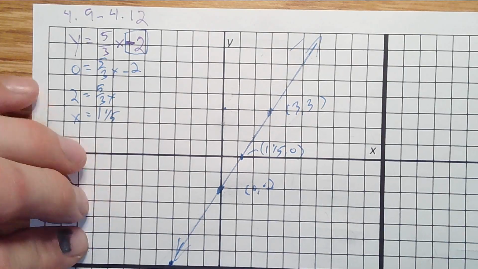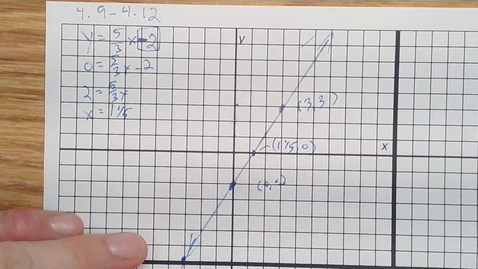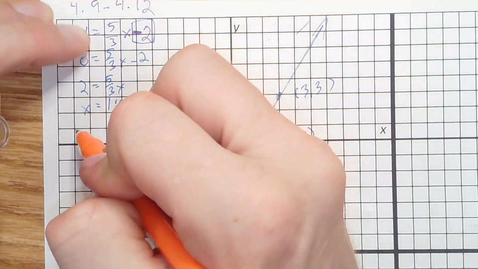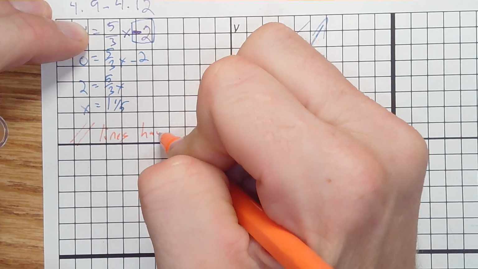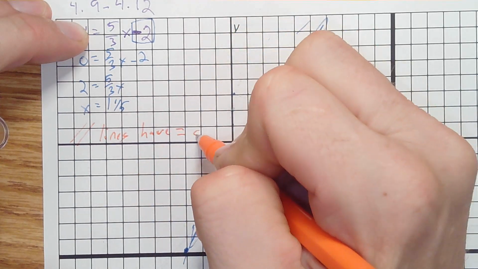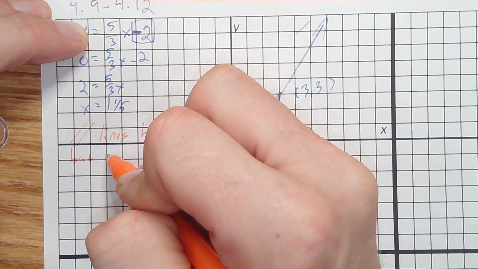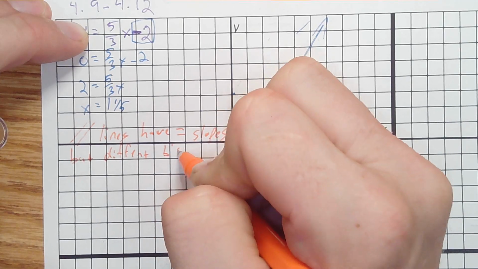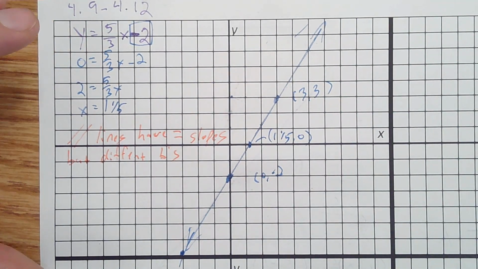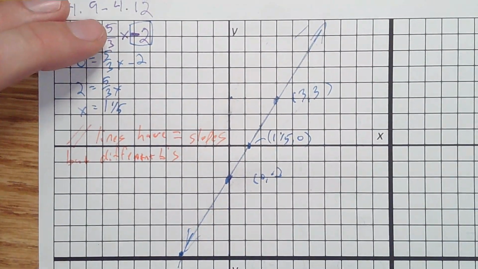Here's the ticket with parallel lines. Parallel lines have equal slopes but different y-intercepts. Different, D-I-F-F-E-R-E-N-T, y-intercepts.